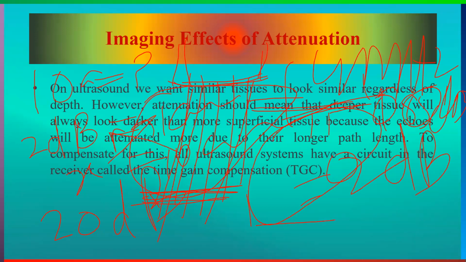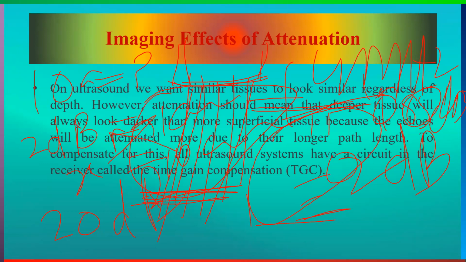So if they are 100 over here, then there will be 1 over here. So this is a very huge difference. This is a very great attenuation. The sound waves are weakening substantially.